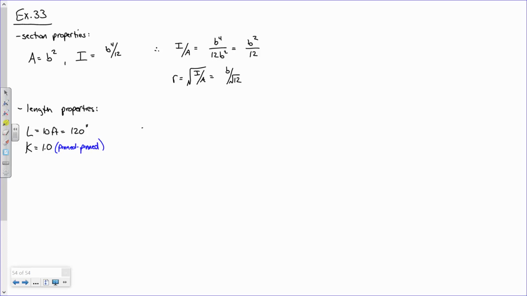So KL is 120 inches, 120 times 1. And KL squared is 14,400 inches squared.